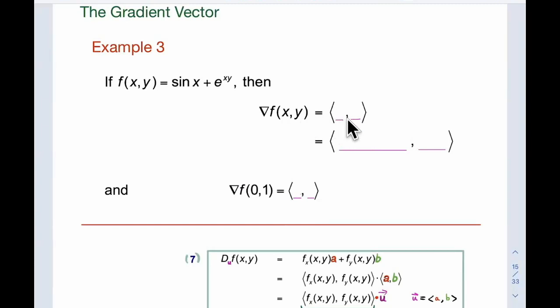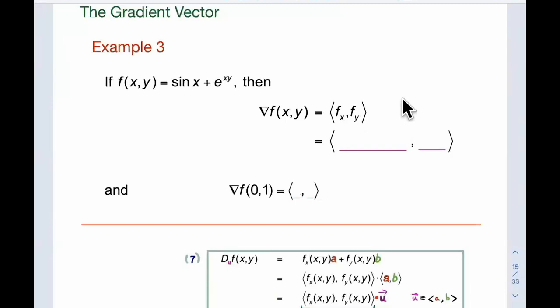All right. So what's the first component? Remember, the components of the gradient are just partial derivatives. So the first component will be the partial derivative with respect to what? x. And then the second component is the partial derivative with respect to y. So all you have to do is compute the partial derivatives, right?